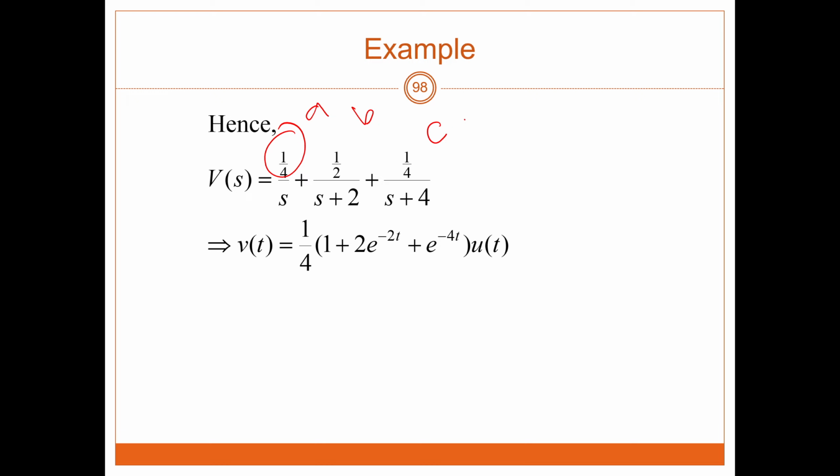So 1 over 4 divided by s, we know it's a delta or 1 here, the inverse Laplace transform.